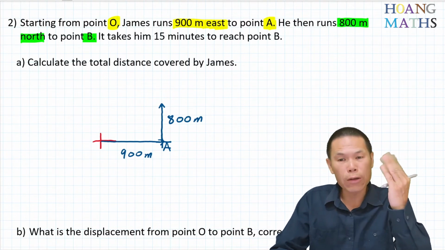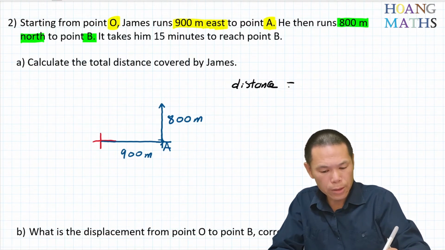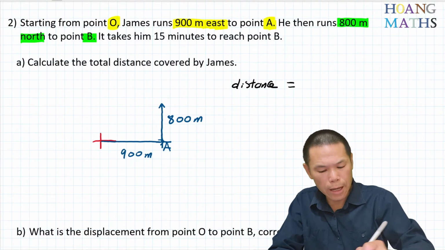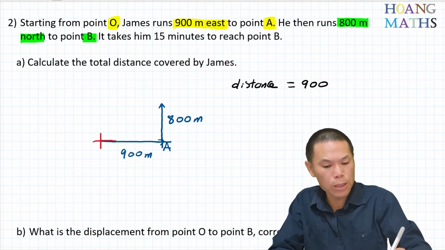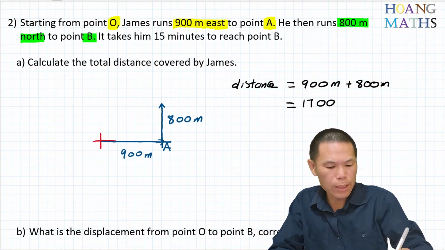Now to work out the total distance traveled, I just write distance is equal to the total distance covered, which is 900 meters plus 800 meters. So 8 plus 9 is 17, so 1700 meters.